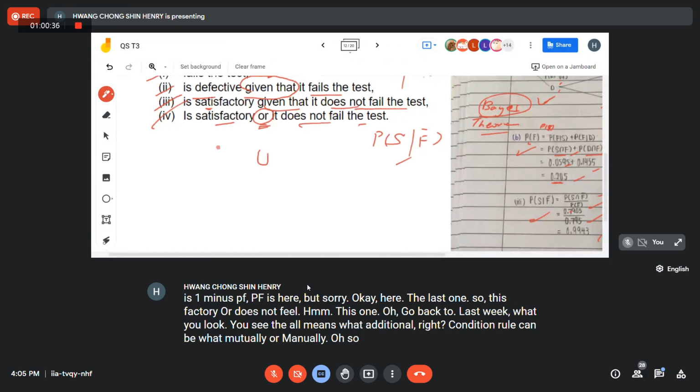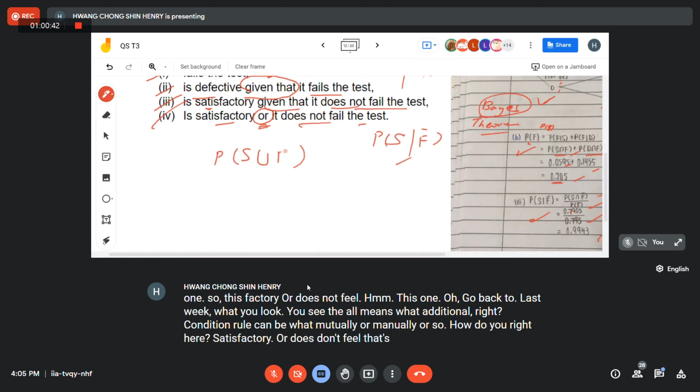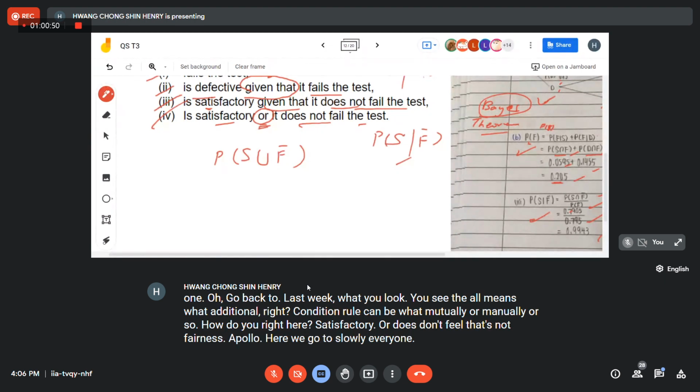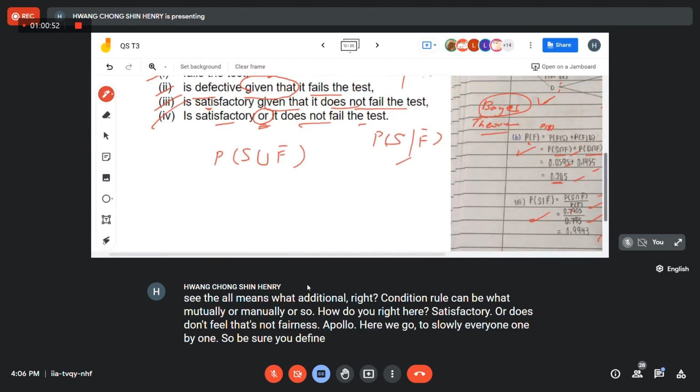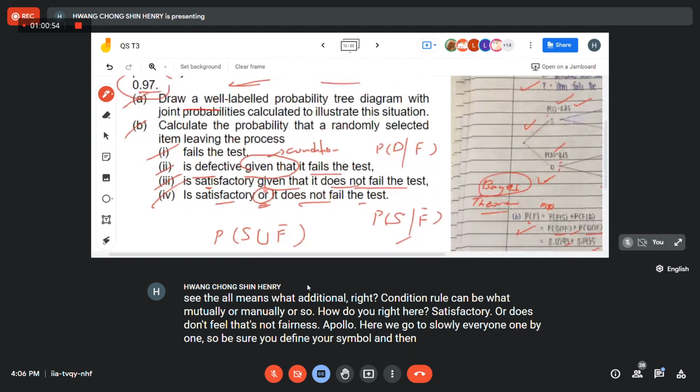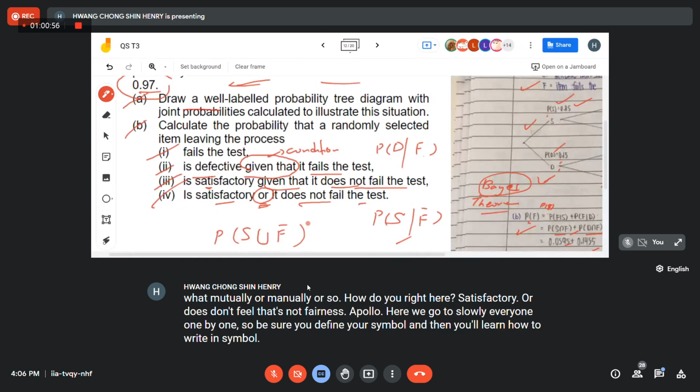So how do you write it here? Satisfactory or does not fail. Does not fail means F bar. Okay, we go through slowly, everyone, one by one. So make sure you define your symbol, and then you learn how to write in symbol. And then the formula, definitely you have to know. Okay.